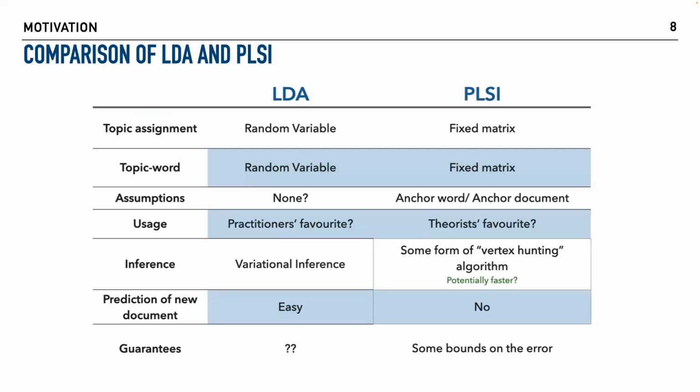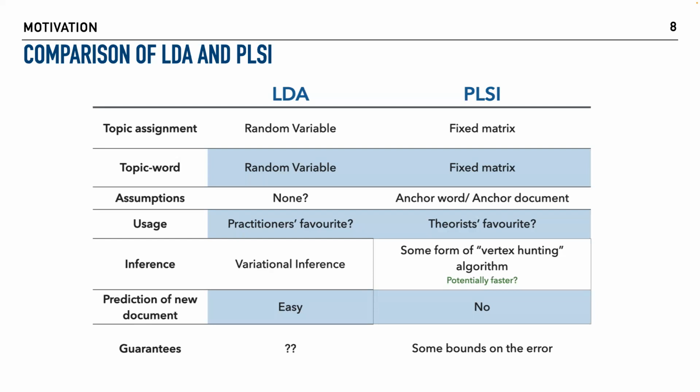So let's push a little bit the comparison. When we started looking at these different ways of fitting topic models, we wanted to try to understand what people were using them for, and what the differences were. In particular, from a usage perspective, beyond the fact that one is perhaps a fixed matrix and the other tries to estimate random variables, it seemed that in the literature, at least the way people were using them, LDA seemed to be the practitioner's favorite.